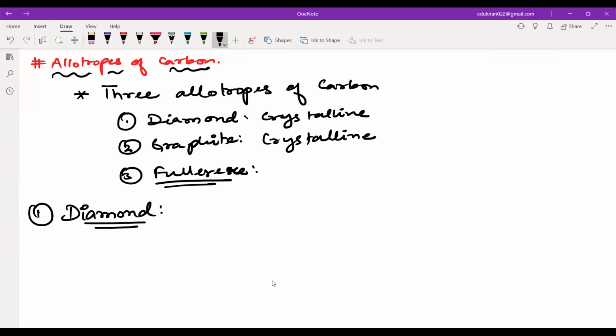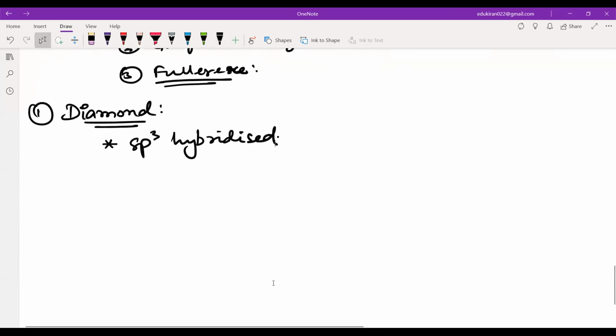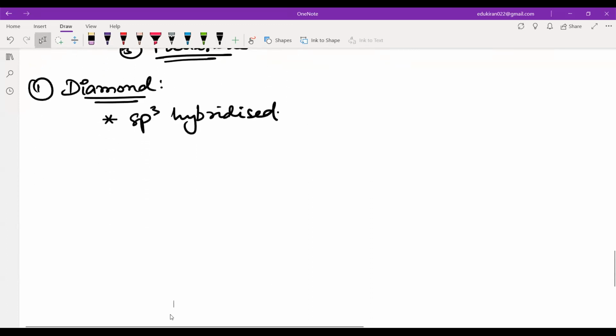Diamond, first of all, has a crystalline structure. Each of the carbon atoms is sp3 hybridized. That means every carbon atom is connected to 4 carbon atoms.